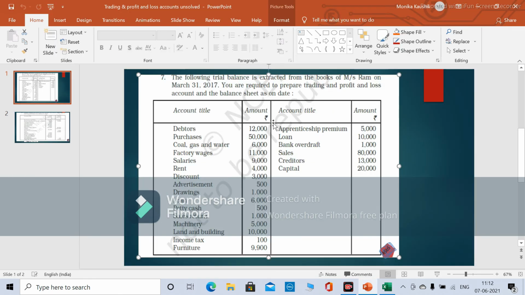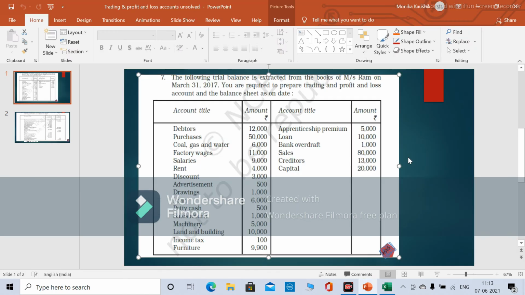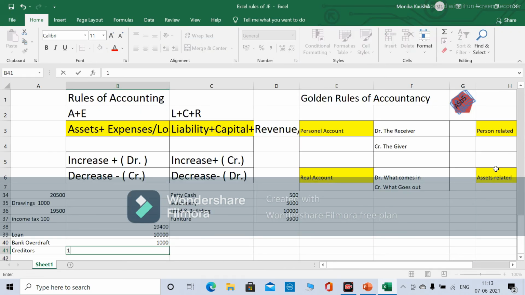This is the bank overdraft and it is a liability for me. I'll have to give it back, 1,000 rupees. The treatment is just opposite to cash. Sales done. Creditors is a current liability, 13,000 rupees.